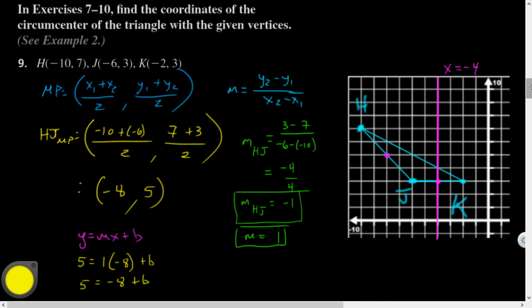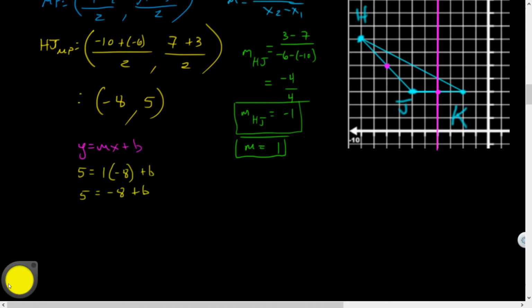How do I solve this? Yeah. Add 8 to both sides. B is equal to 13. So the equation of our perpendicular bisector is going to be y equals 1x, you could just write that as x, plus 13.